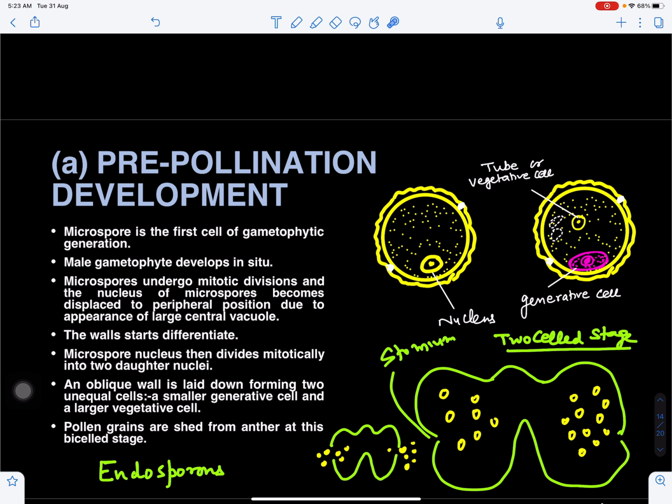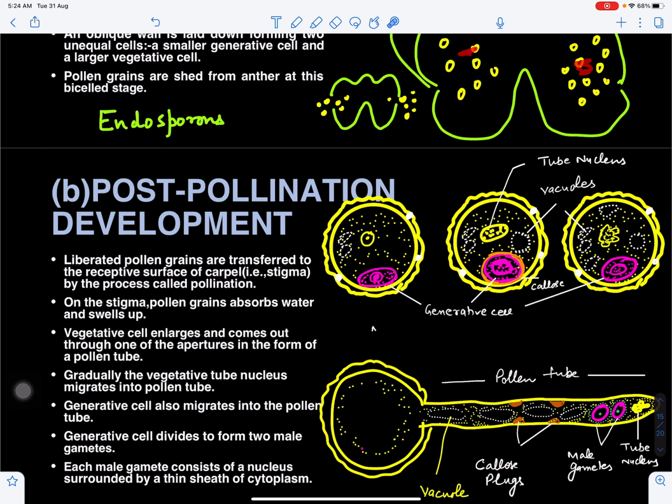When the development of the male gamete occurs inside the anther, this is also called endosporous development. This varies from family to family, right? So, this development of the pollen grain, when it occurs inside the anther, is called pre-pollination development.